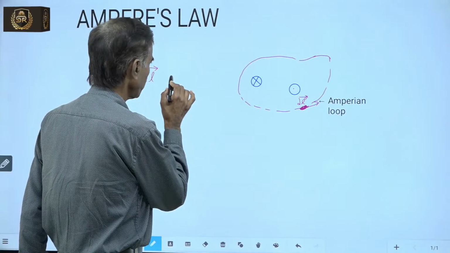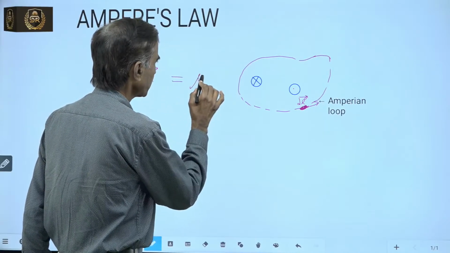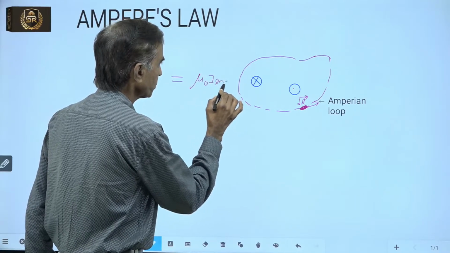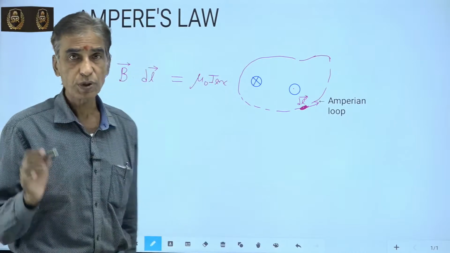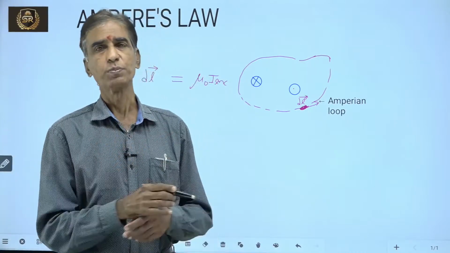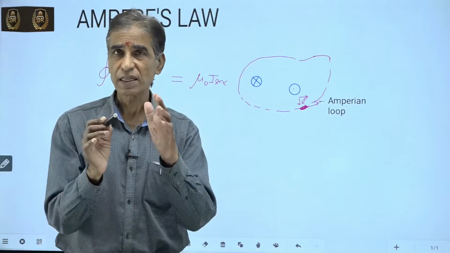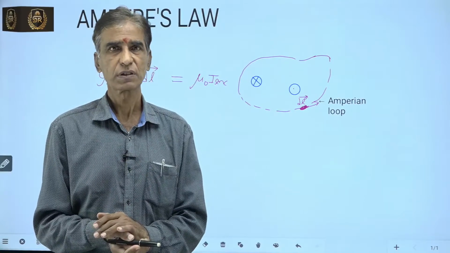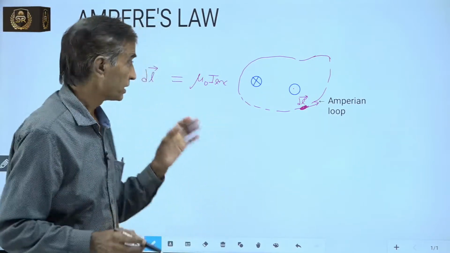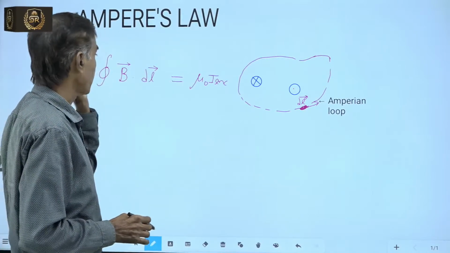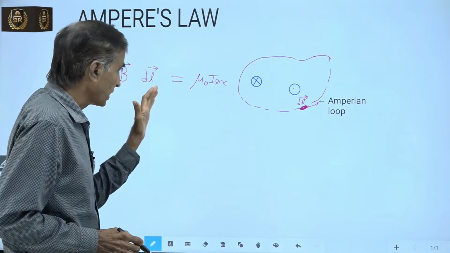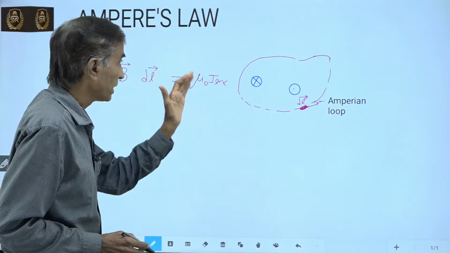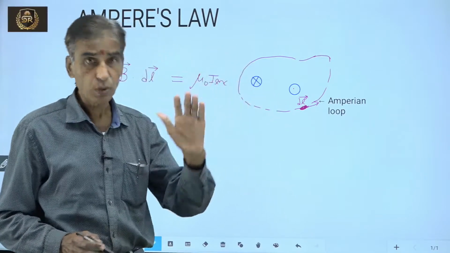That is equal to mu naught times the current enclosed by the loop. Well, the current elements are either in air or in vacuum. Then according to Ampere's law, the line integral of B dot dl is equal to mu naught times the current enclosed by the Amperian loop.